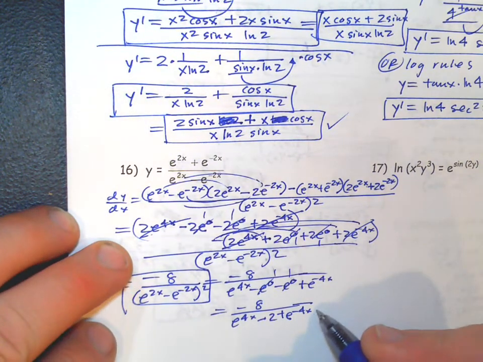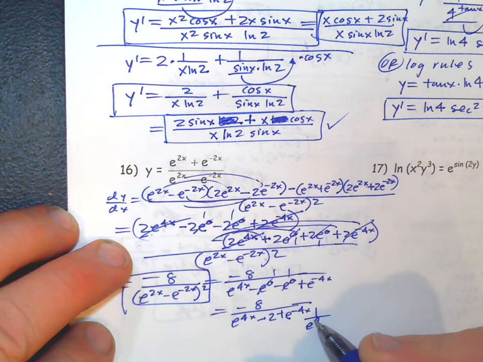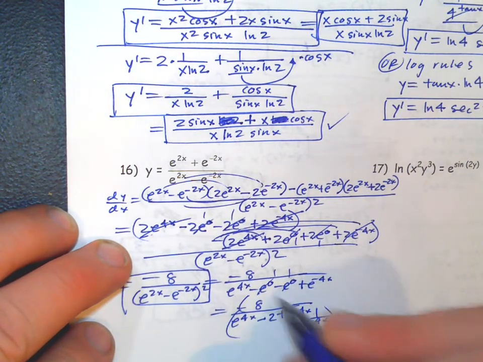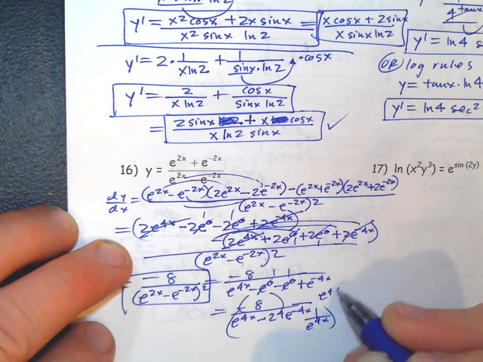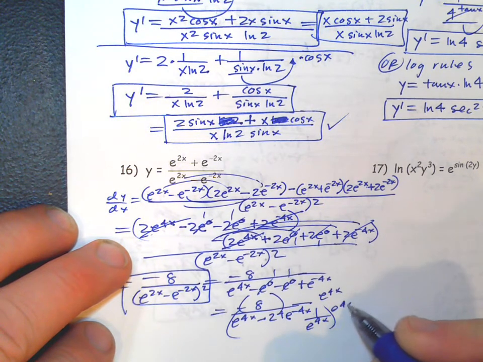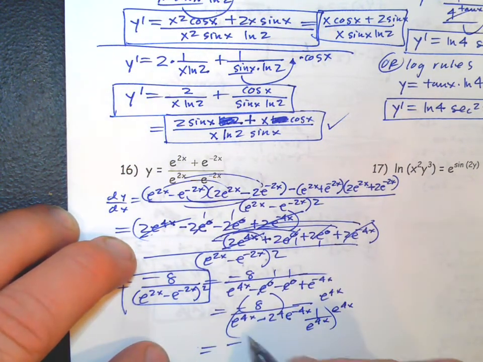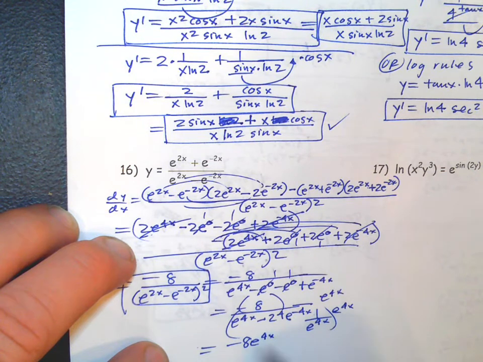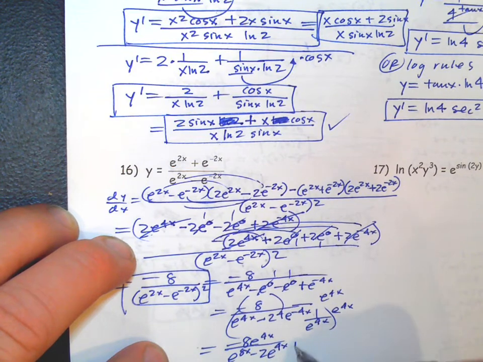So this would be 1 over e to the 4x. So to get rid of the fractions and fractions, you can multiply by e to the 4x, top and bottom. And you get negative 8 e to the 4x over e to the 8x minus 2e to the 4x plus 1.